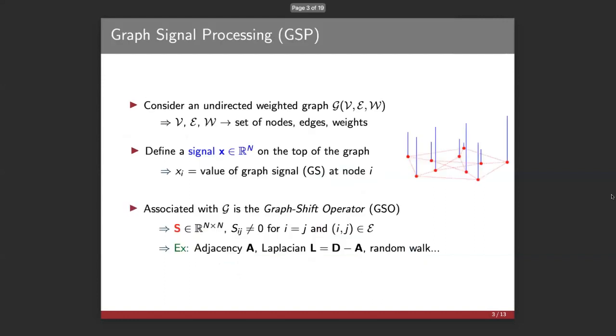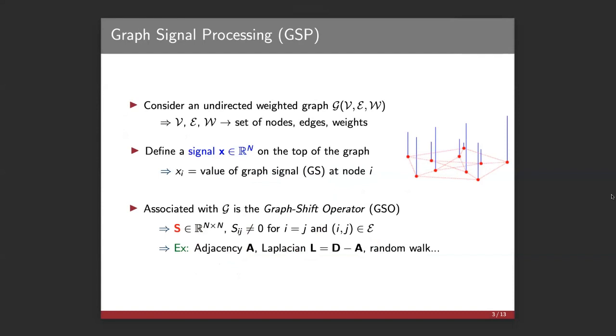As you already know, this is basically an introduction to get used to the notation that we will use later. We can represent a network using a graph with nodes, edges, and weights associated to each edge between the nodes.